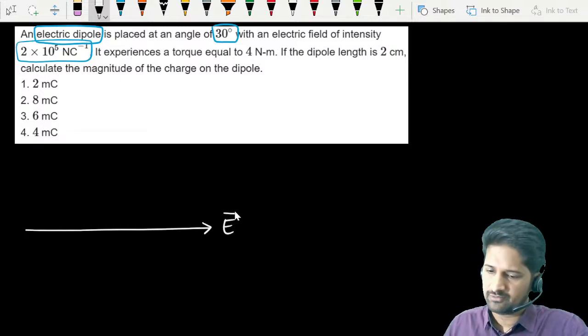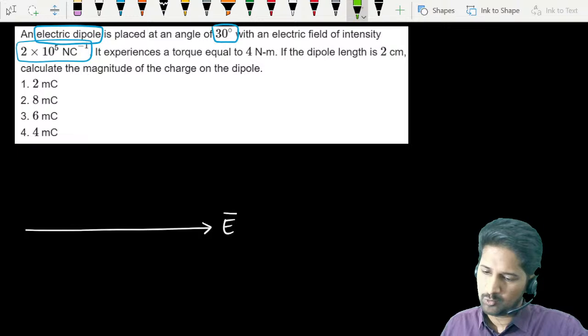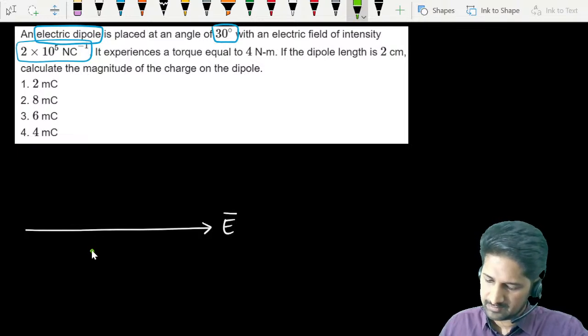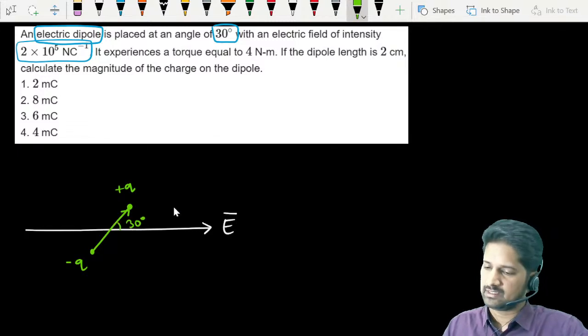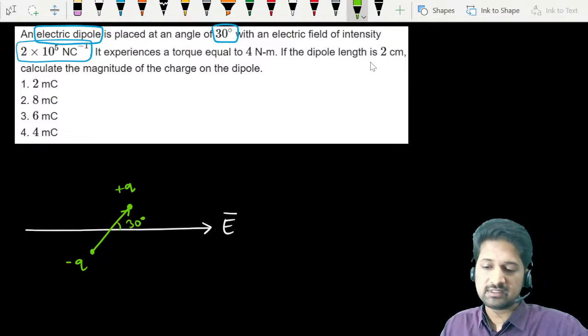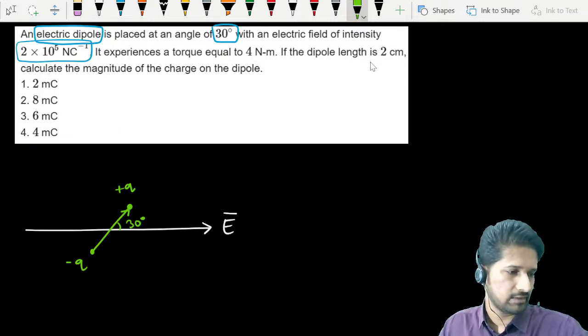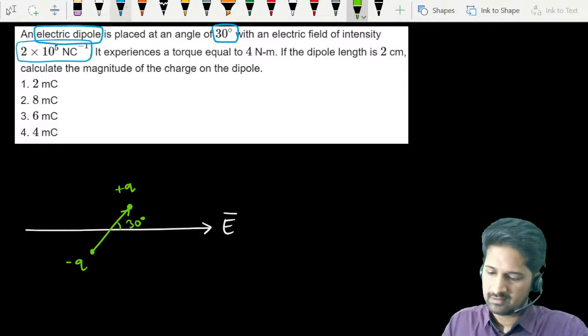Let's say this is one of the field lines and the dipole is placed at an angle 30 degrees with the electric field. It experiences a total torque of 4 Newton meter.